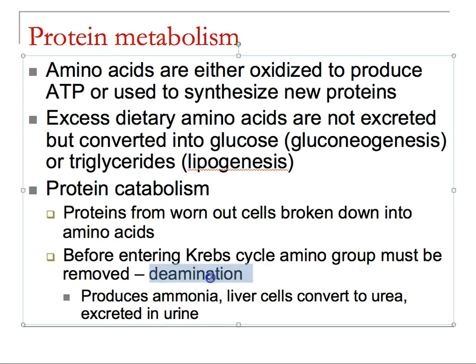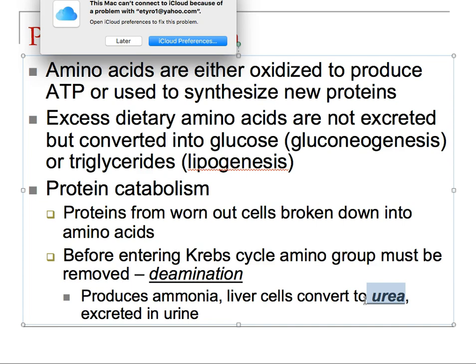Protein catabolism is when we actually break all of this thing down, but the important thing that I know I didn't stress in class, but I'll definitely stress during the review, is deamination is what actually has to happen. You got to remove that amino group, and for the purposes of chapter 26, when we're making concentrated urine, that amino group is converted into urea, and that urea is what we use to concentrate the filtrate that will be secreted into the bladder and ultimately removed from the body.